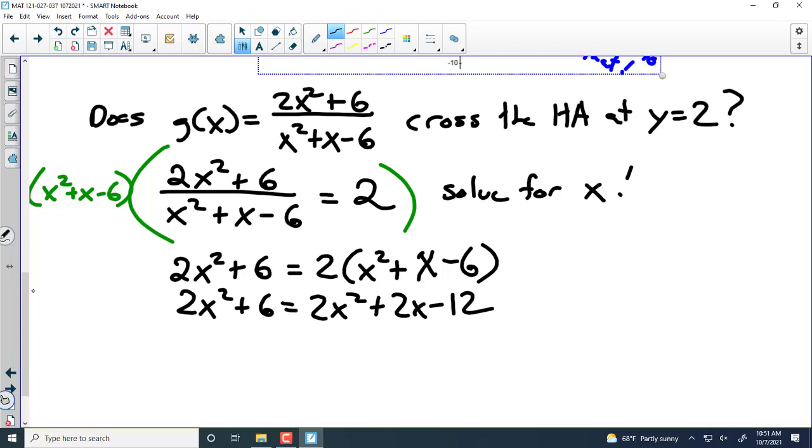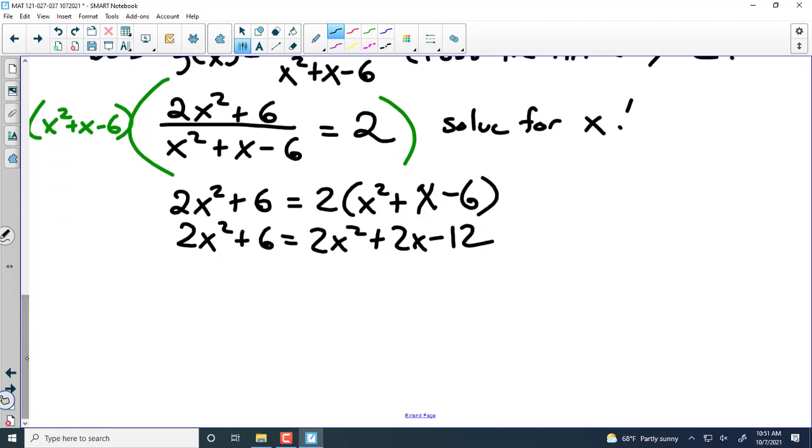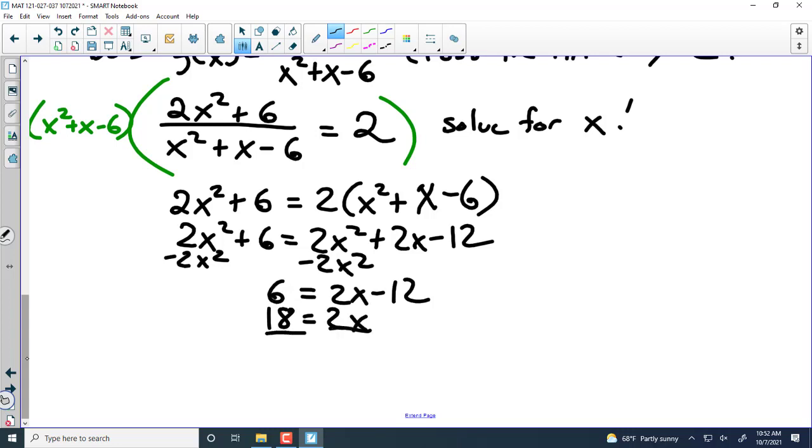Does everyone see it? What can cancel on both sides? The 2x squared. You can subtract that 2x squared from both sides. It's wonderful. And if you do that, you get 6 equals 2x minus 12. If you add 12 to both sides, you divide both sides by 2, you will get x equals 9.